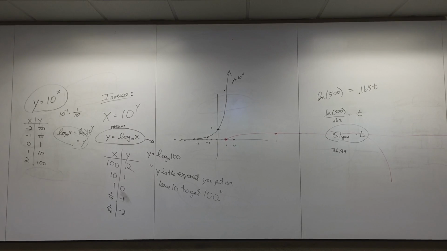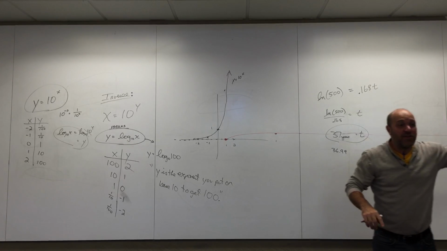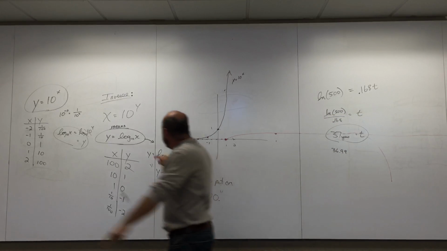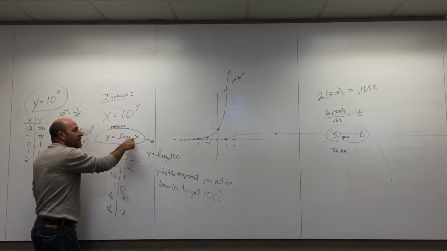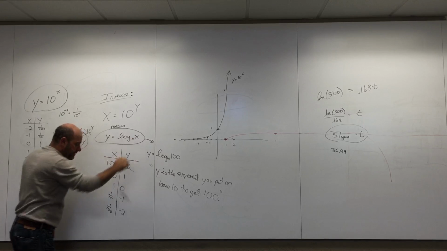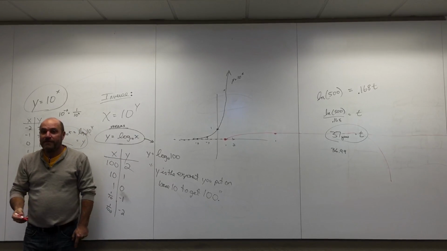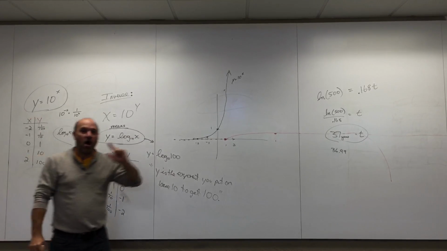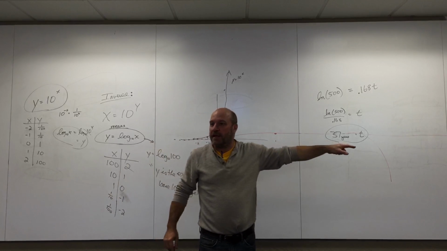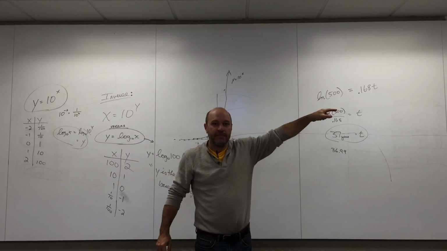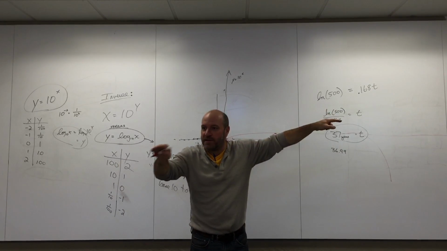When I go out to 1,000,000, you know what the exponent is? What is the exponent you put on 10 in order to get 1,000,000? Maybe you don't know. It's 6. You go all the way out to 1,000,000, and the answer is 6. That's how slowly this thing rises.